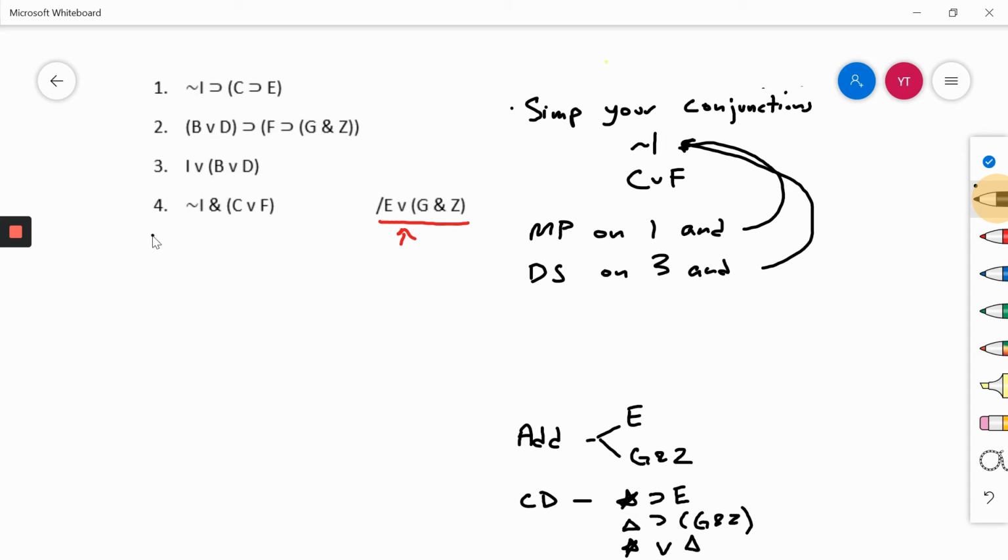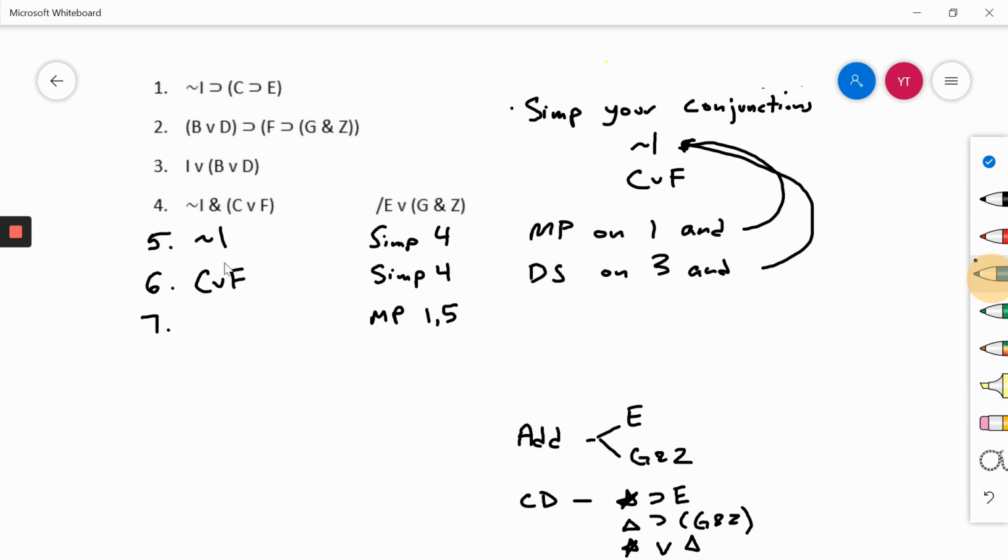For example, here, we might as well just start by simp on line 4. And for that matter, we might as well also use modus ponens on line 1 and the line that contains not I by itself, which is line 5.